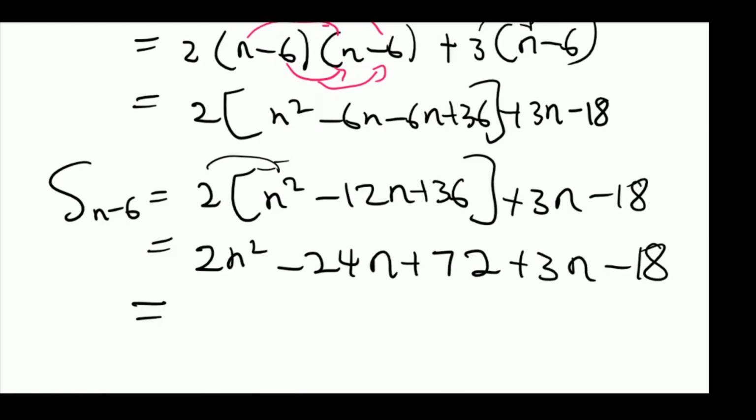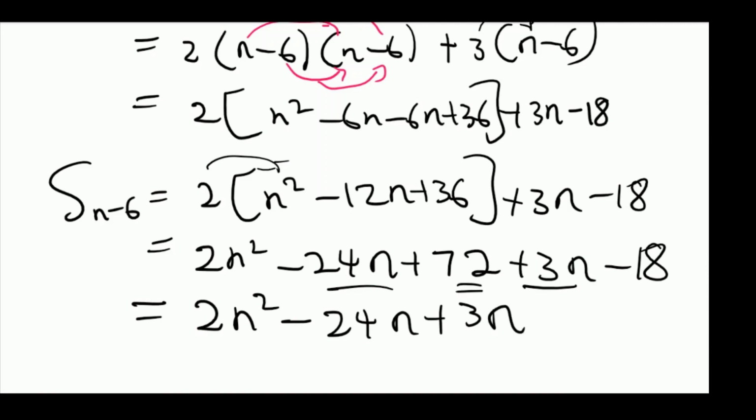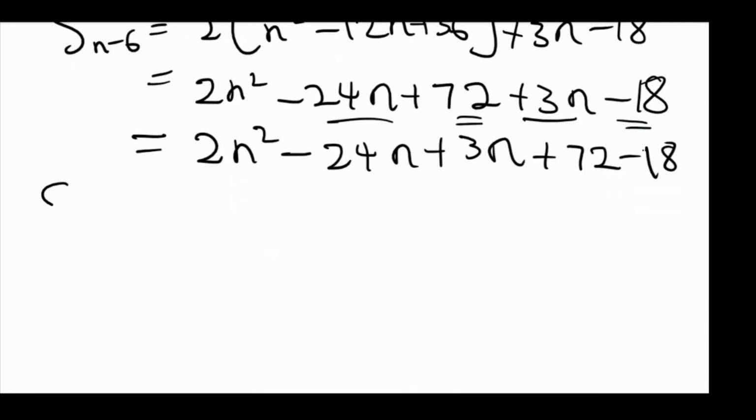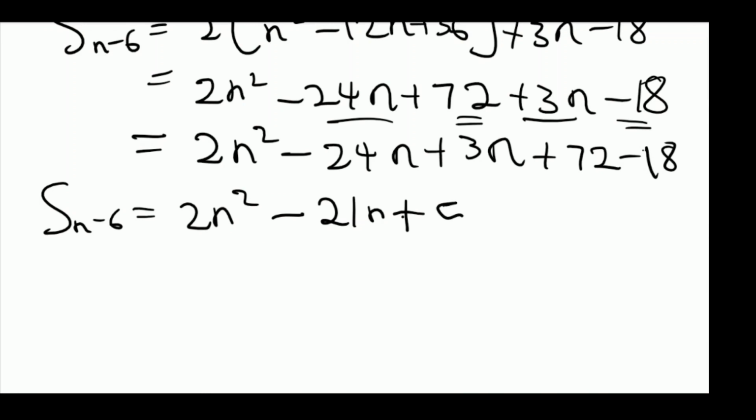Then we're going to collect like terms, so it's going to be 2n squared, then you collect the like terms, minus 24n plus 3n, and then these like terms here, plus 72 minus 18. Then your sum of n minus 6 is equal to 2n squared minus 21n plus 54. So this is your sum of n excluding the last 6 terms.